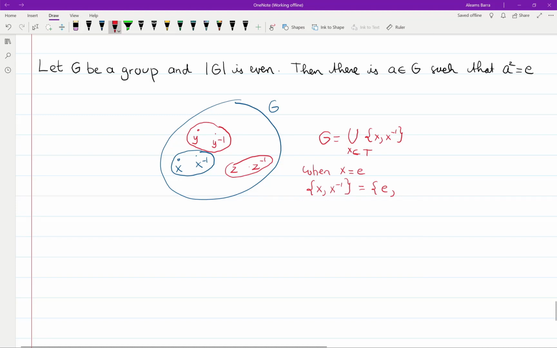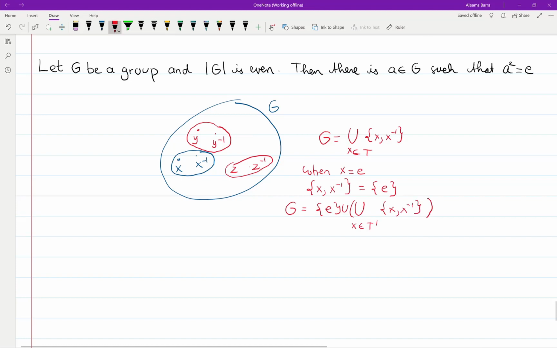The inverse of the neutral element is itself. So in fact, this is a singleton. So then basically we can separate G as the singleton union with, let's say, the union over X in T prime of {X, X inverse}.